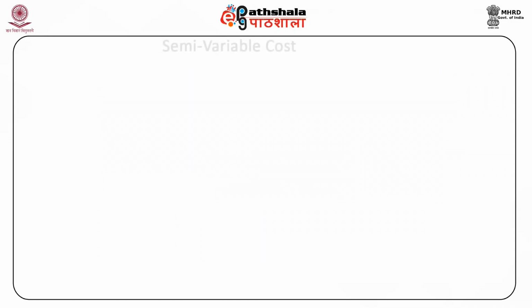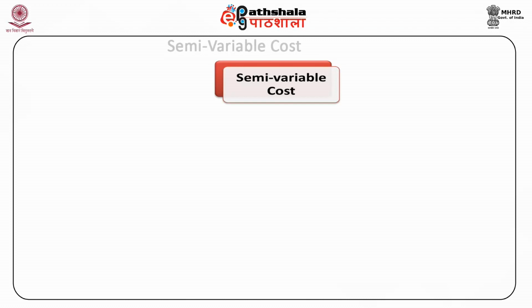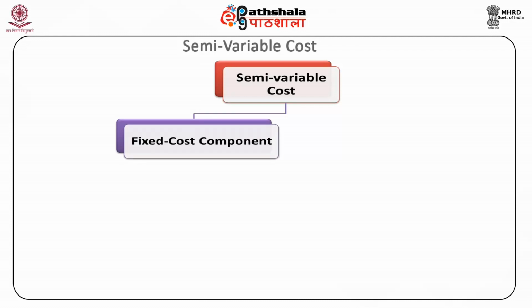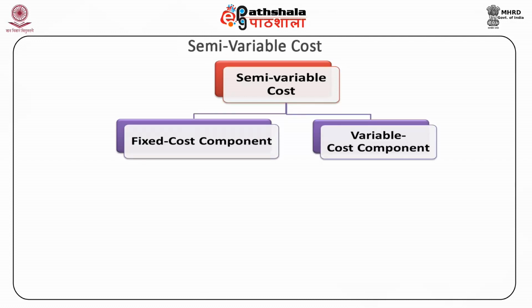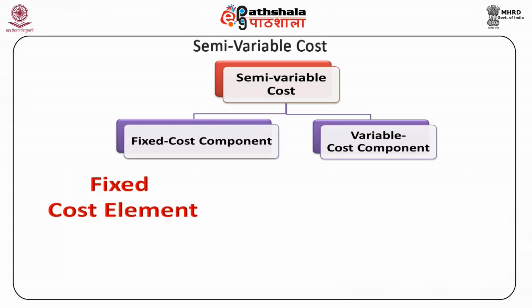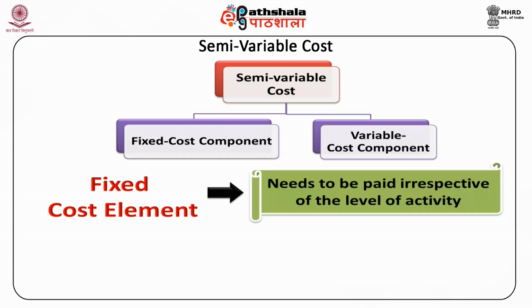Semi-variable cost. Semi-variable cost is an expense which contains both a fixed cost component and a variable cost component. The fixed cost element is the part of the cost that needs to be paid irrespective of the level of activity achieved by the entity.